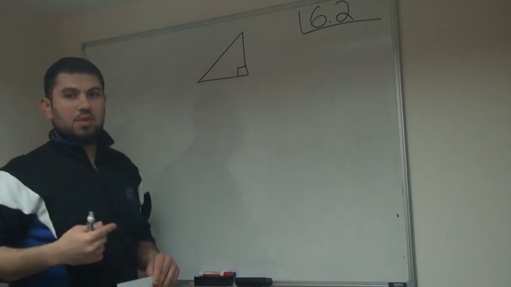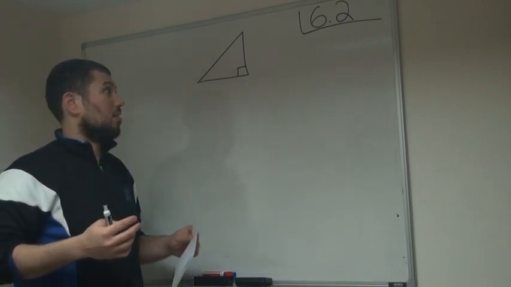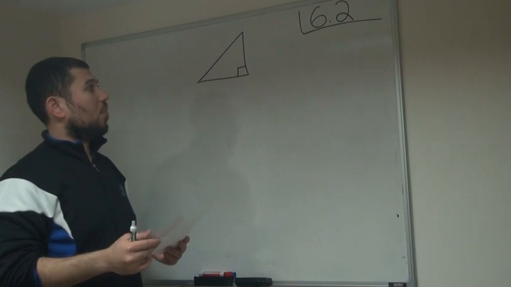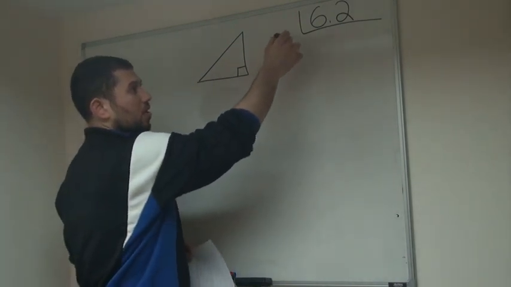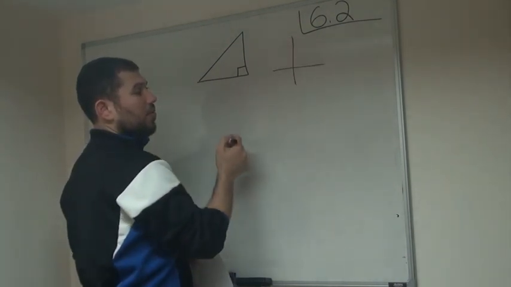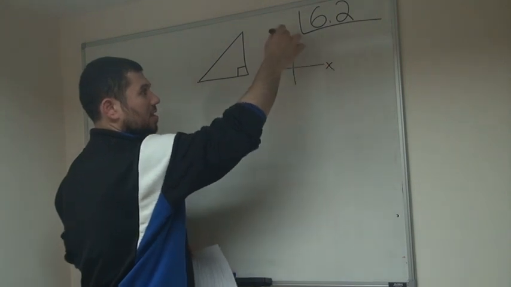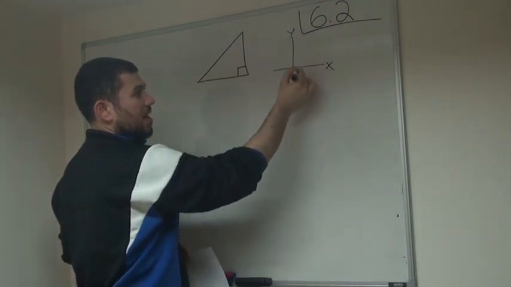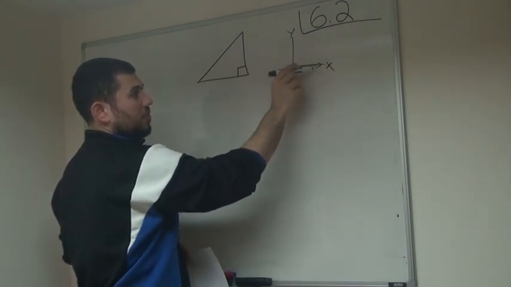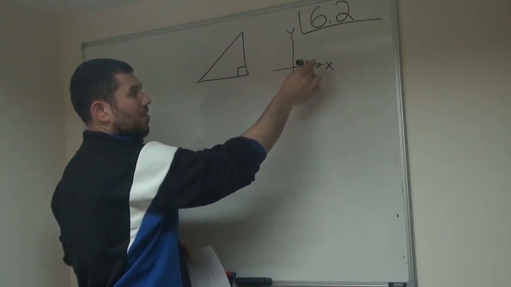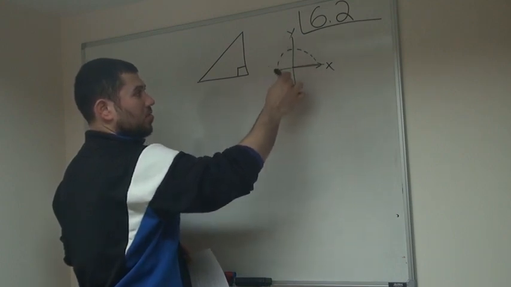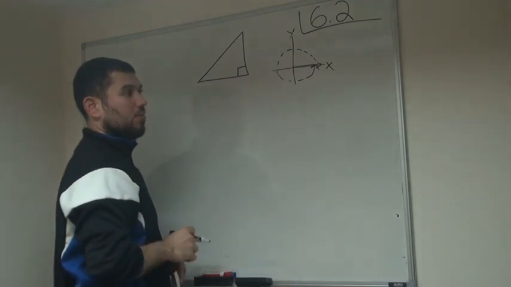Last week we discussed what a degree measure is. Basically, if we put a standard XY axis together, 1 degree is a rotation of one ray out of 360 parts. So 360 degrees is one complete revolution.